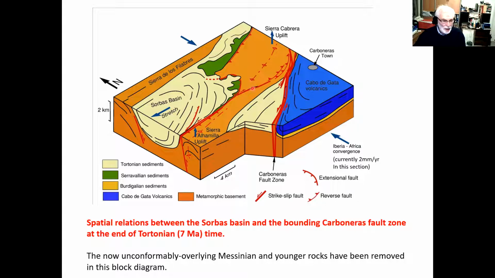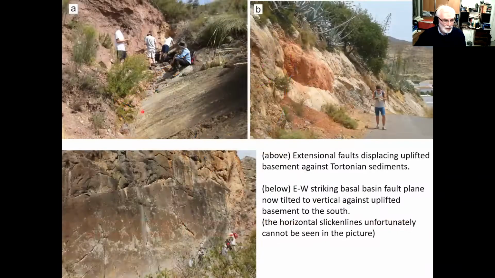The next pictures are of this particular area where you can see exposed these low angle extensional faults. So this is a very typical appearance of a low angle extensional fault, so-called detachment fault. You've got basement rocks beneath, and they've got wear grooves, mechanical striations on them.